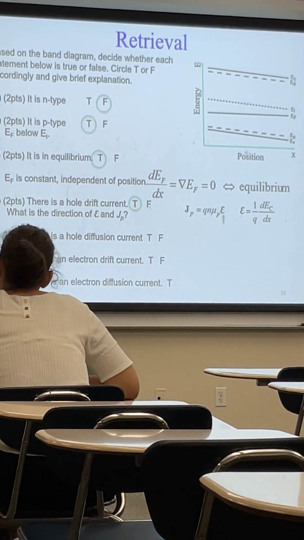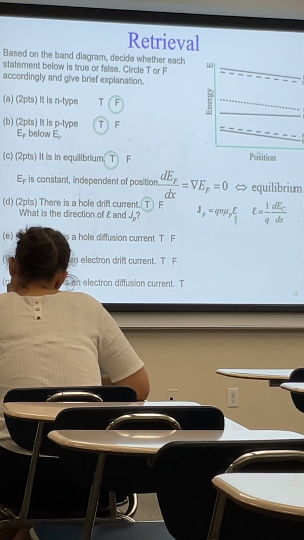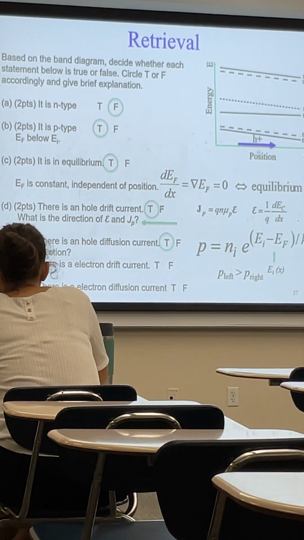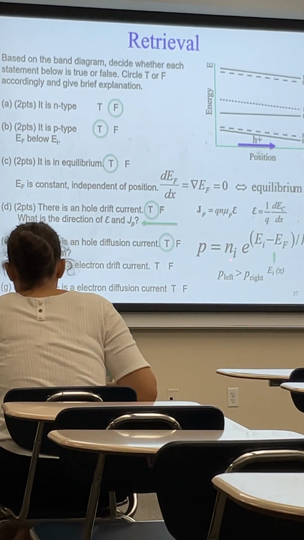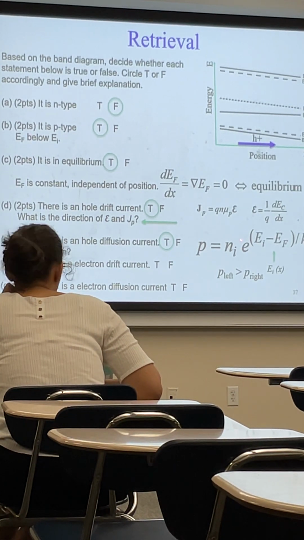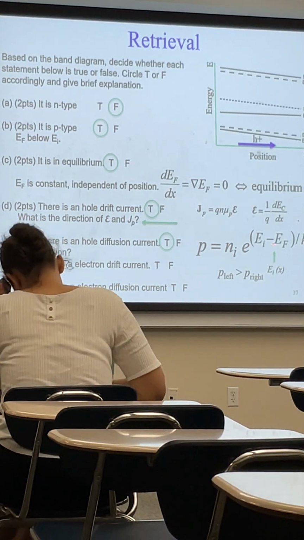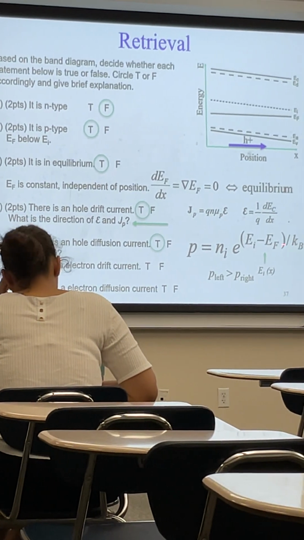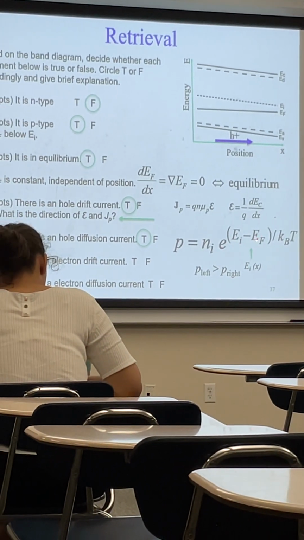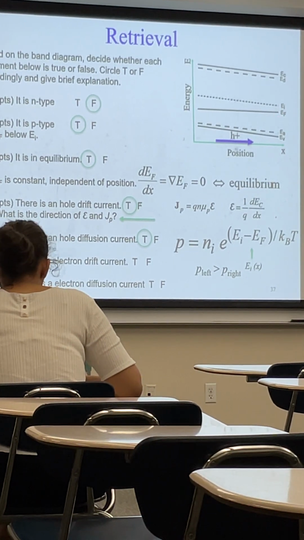So think about the equation we derived before. This is the equation for hole concentration, and we can see the magnitude is related to EI minus EF. So is EI minus EF constant in this material? It's not, right?